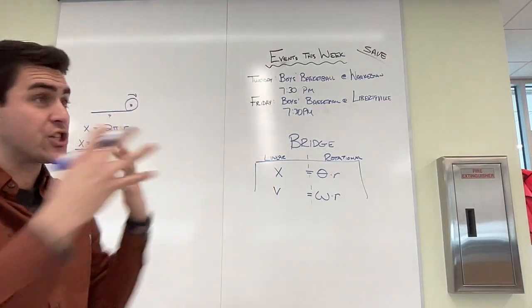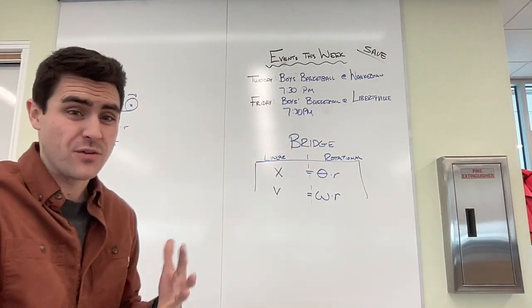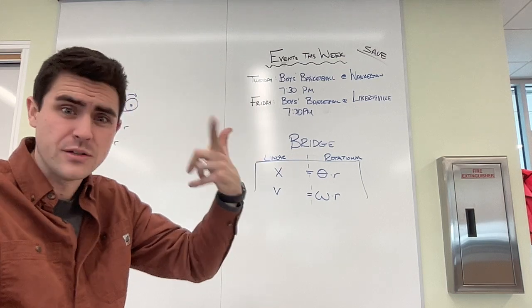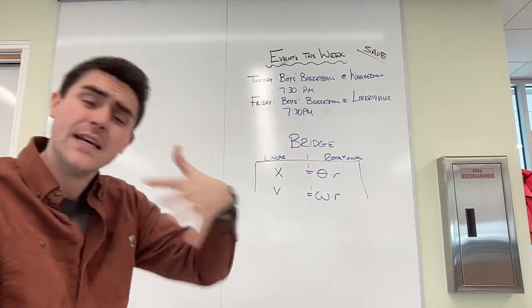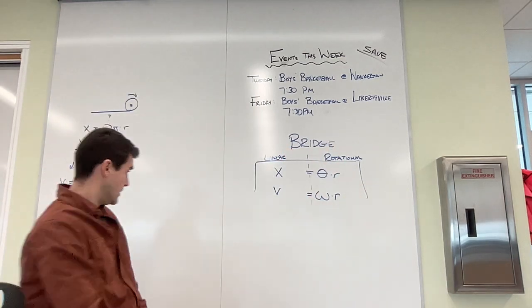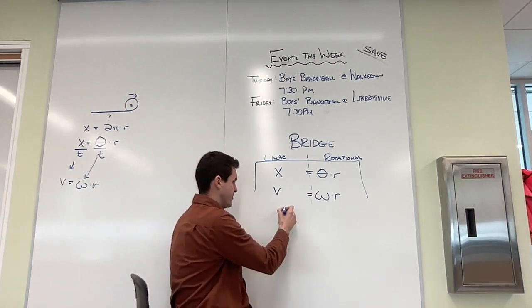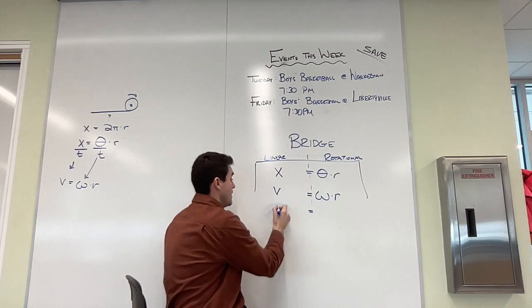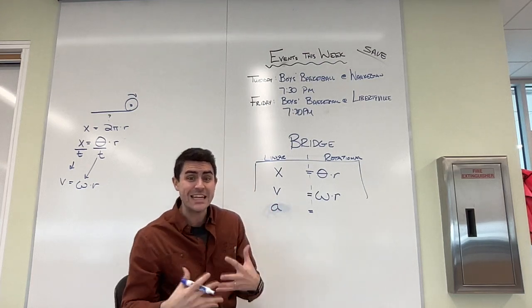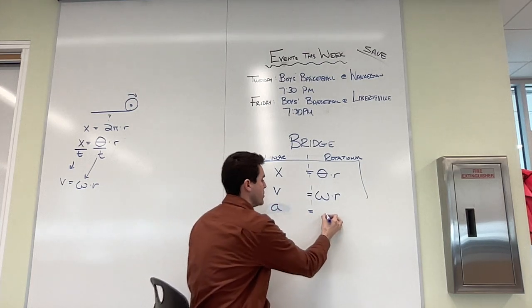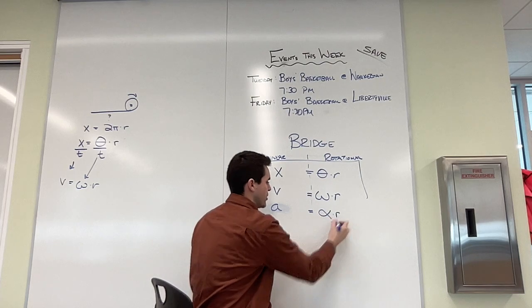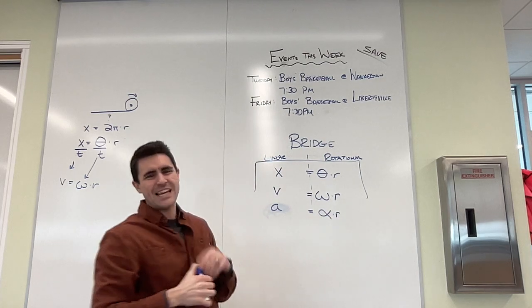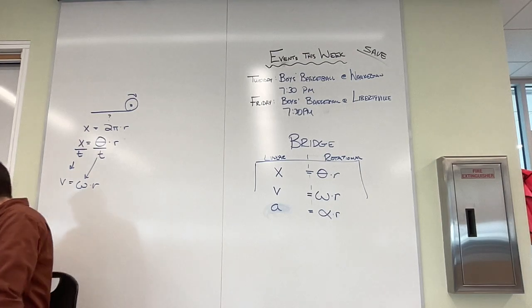If it's moving at a certain pace, I can figure out how quickly that angle is moving if I know the radius. And likewise, I have one more. In keeping with this tradition, I can say that the linear acceleration of an object is also equal to the angular acceleration, alpha, times r. And again, that's for the same algebraic reasons we had before.